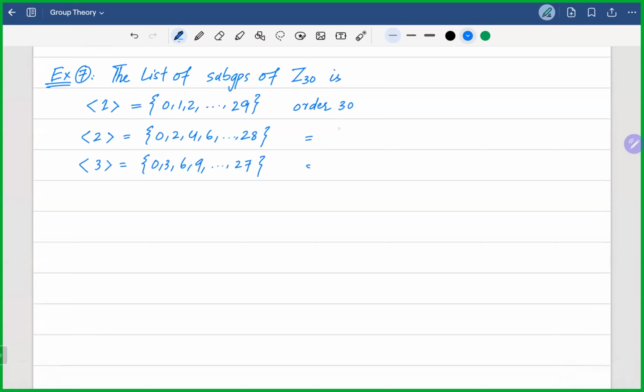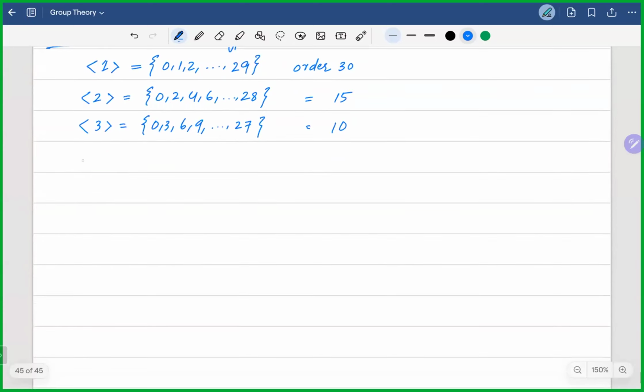This has order 15, this has order 10, and so on. We have 5, we have 6, we have 10, we have 15, and we have 30 itself.